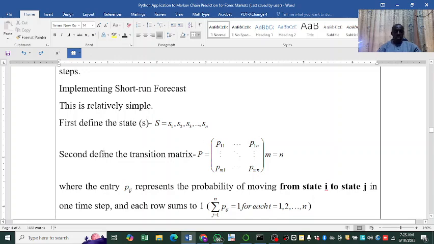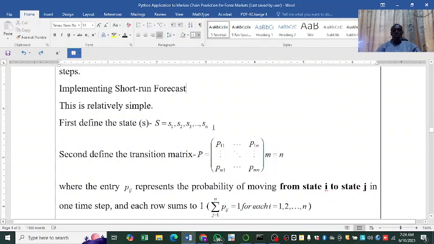Now, the first thing is to define the state. You must have your states: state 1, state 2, state 3 to state n. This means that the states are known. Up, down, stable. High, low, stable. These are the bands that prices can be classified into.